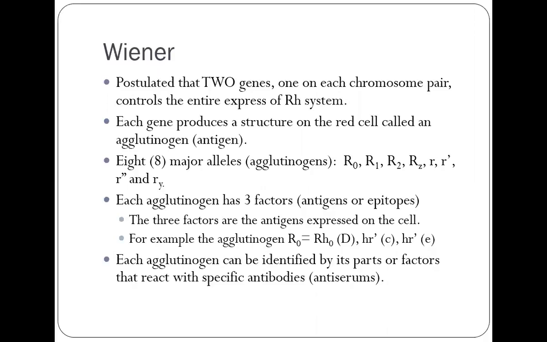Again, these are the ones I've listed before. Each agglutinogen had 3 factors, or antigens, or epitopes. So they believed that there were 3 ways that you could attack this antigen. The 3 factors being the big D, the little c, and the little e. So each agglutinogen can be identified by its parts or factors if you react it with a specific antibody or antiserum.